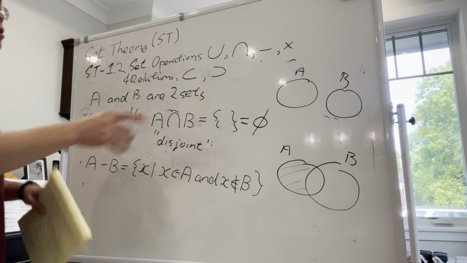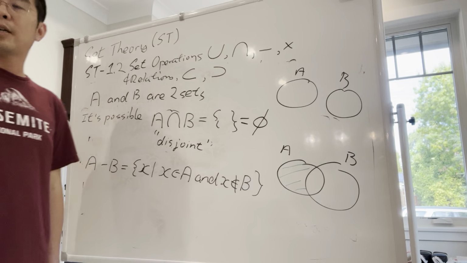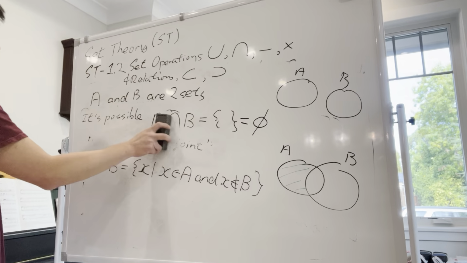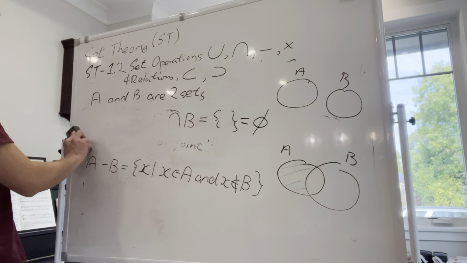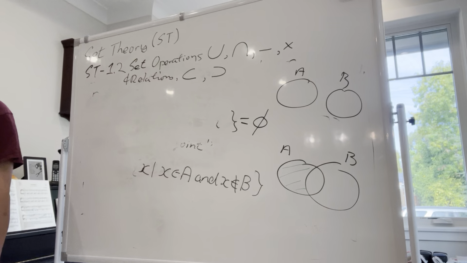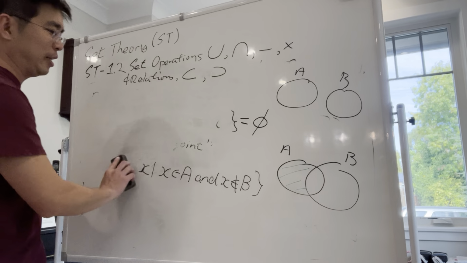So the next one is this cross, Cartesian products. So this is the part of the mathematics that, in my opinion, more advanced students might have more difficulties understanding than the younger students in class, okay? And I'll explain why.